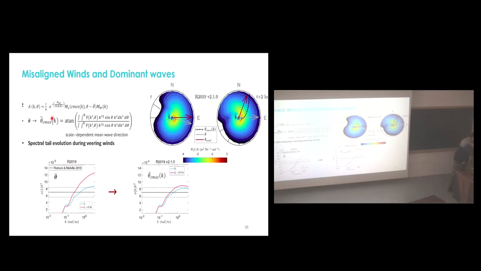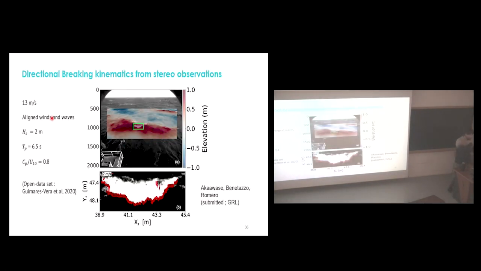So we started looking at direct comparisons between breaking measurements and the energy spectrum. Bernard Akawase is working in my lab. He's a third-year PhD student and was interested in this problem.